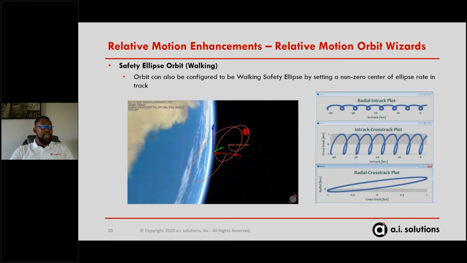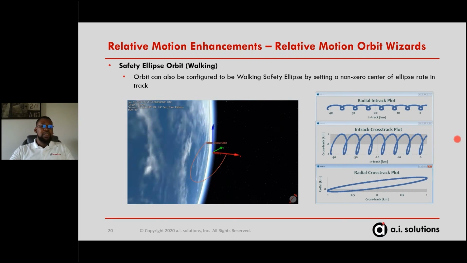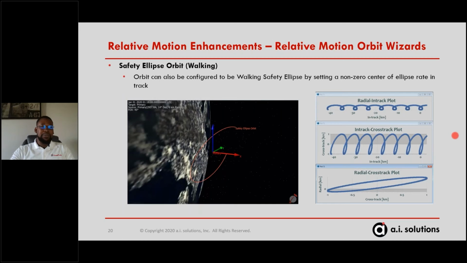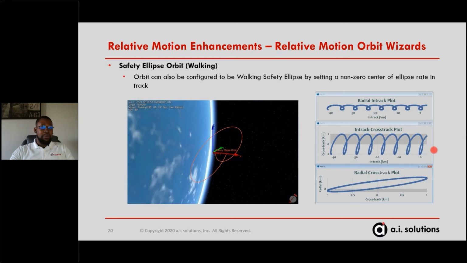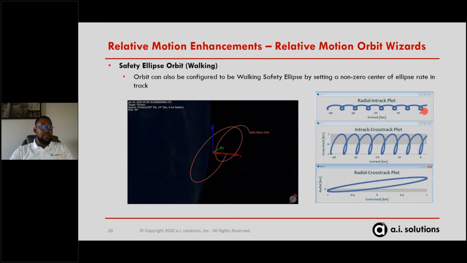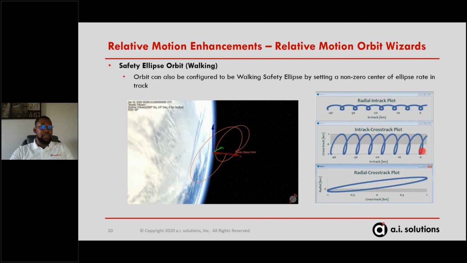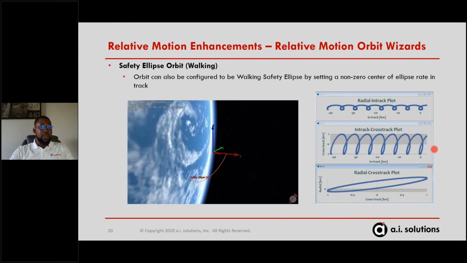And in this case, it's walking away, maintaining the safety ellipse orbit while also creating a greater distance. And we can see that also shown here in our plots, where we have our radial NTrack plot showing the safety ellipse, and then our NTrack cross-track plot showing that it's actually walking away.